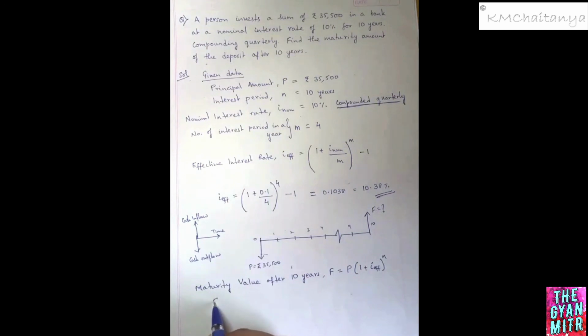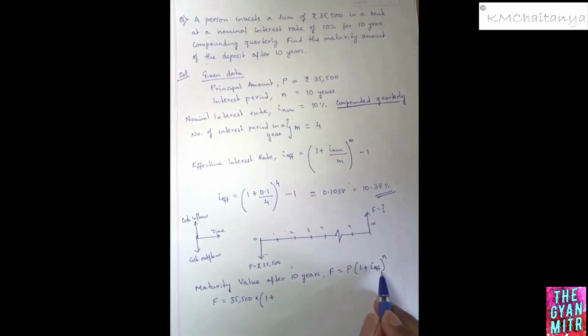So F is equal to P, the principal amount or the present worth, which is 35,500, multiplied by (1 plus I effective). This will be in decimals, not in percentage.